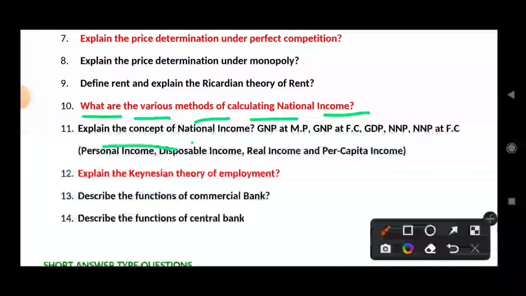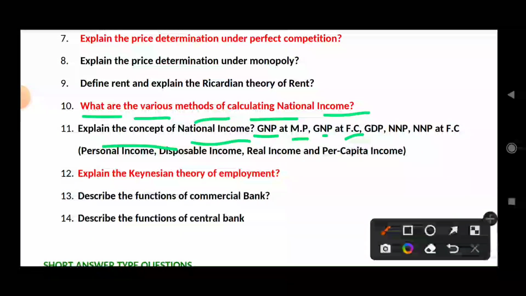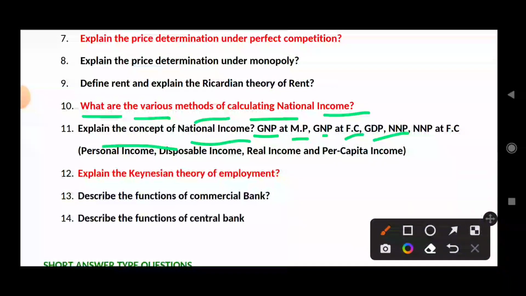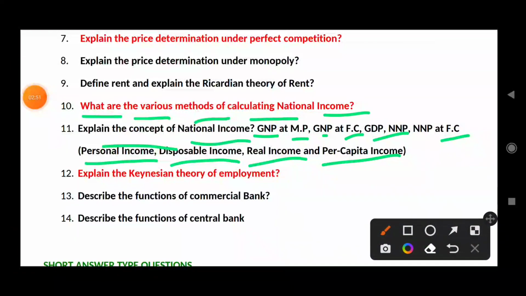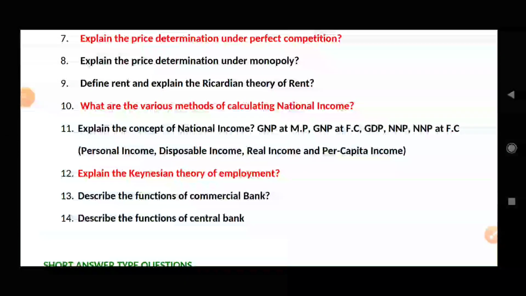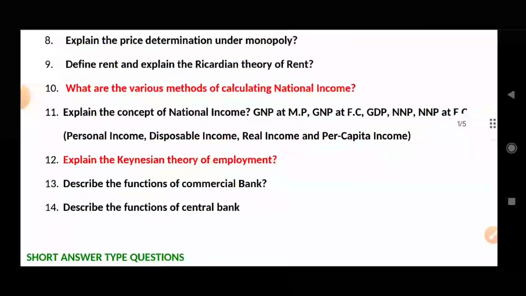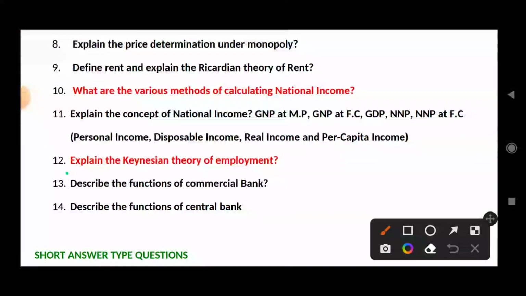That is, explain the concept of national income, GNP, GNP at factor cost, and GDP, NNP, NNP at factor cost, per capita income, real income, disposable income, personal income. These concepts may be asked as short question as well as long question, so don't ignore them.